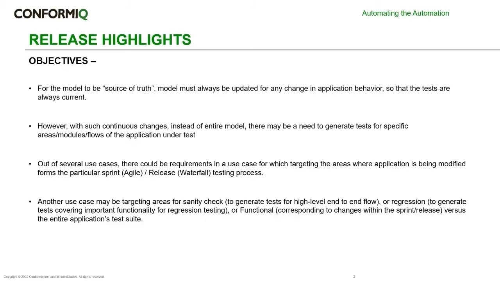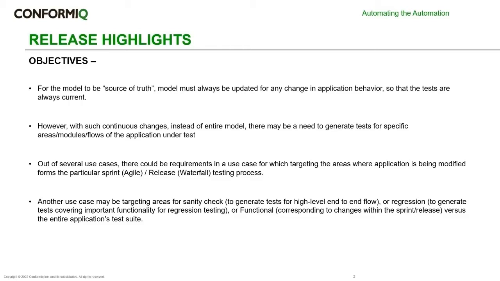The objective we have worked around in this new version build is that, as we know, for the model to be the source of truth, the model must always be updated for any change in the application behavior, so that the test cases which are generated always remain current and correspond to the updates made in the application. But with such continuous changes, instead of testing the entire model, there may be a need to generate tests for specific areas, modules or flows of the application under test.